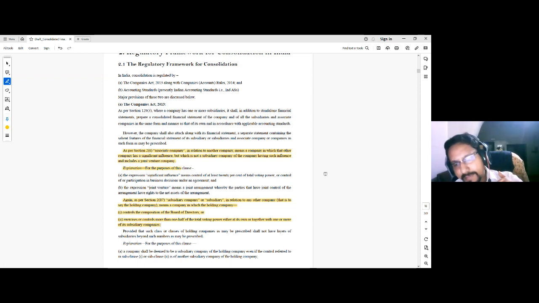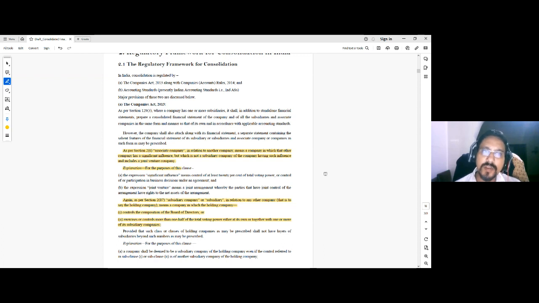That is, when A Limited controls 20% or more of the voting power, but up to 50%, so 20% up to 50% of the voting power of Y Limited, or as per any agreement A Limited exercises some control over the business decisions of Y Limited, then A Limited is said to be the parent company and Y Limited the associate company. Joint venture, what does it mean?